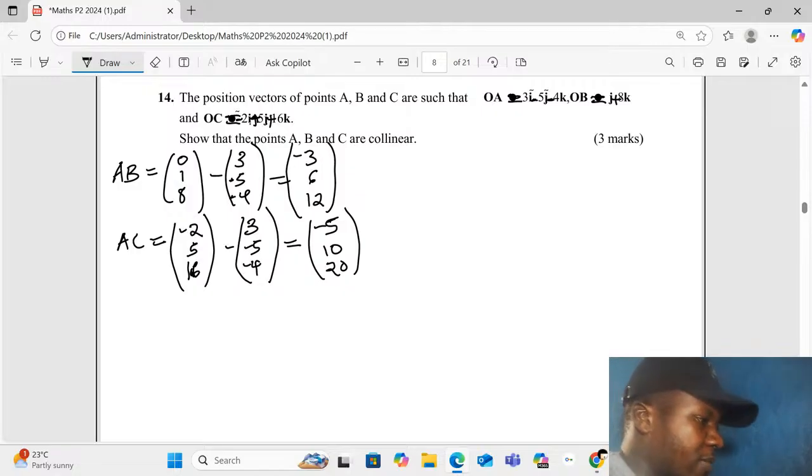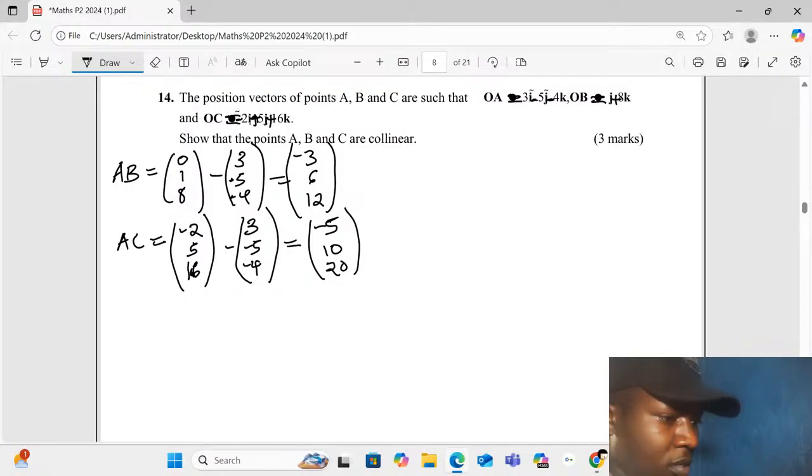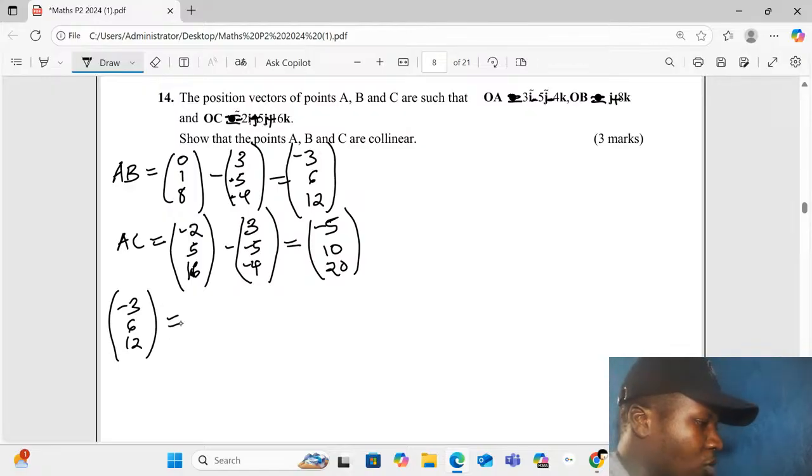So we equate that AB, which is negative 3, 6, and 12, is equal to a constant times AC, and our AC is negative 5, 10, and then 20.